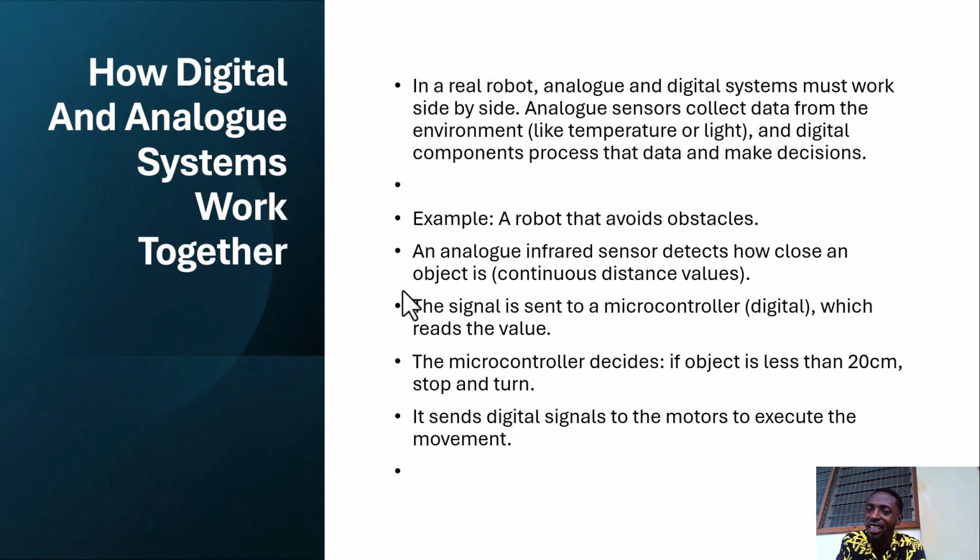Analog sensors collect data from the environment, like temperature or light, and digital components process that data to make decisions. That's it, they go hand in hand.